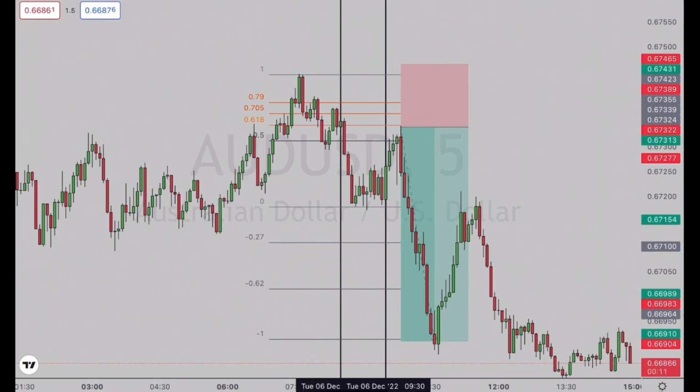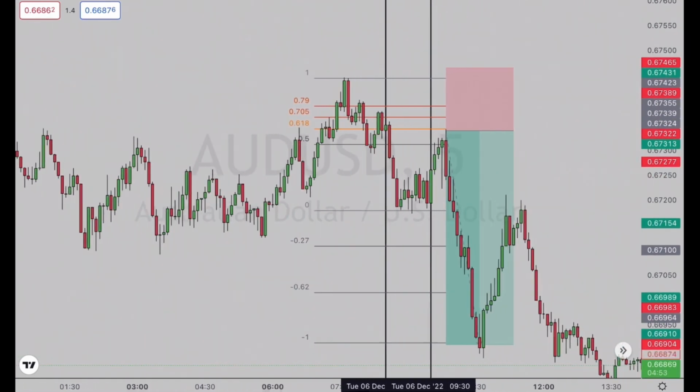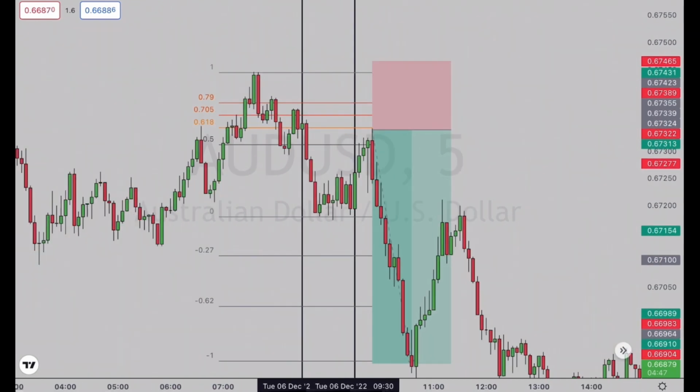As you can see guys, it also played out perfectly, and all this is just a Fibonacci, and it is really easy to use. All you want to know is how to anticipate your daily bias.